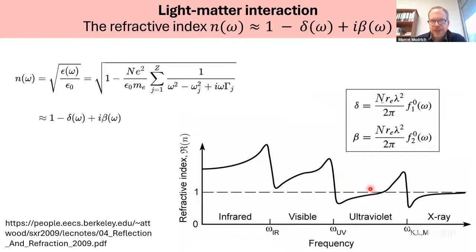So we have all these wiggles, which of course correspond to resonances: vibrational resonances, valence electronic resonances, inner shell resonances.